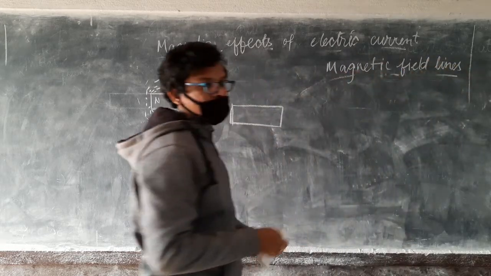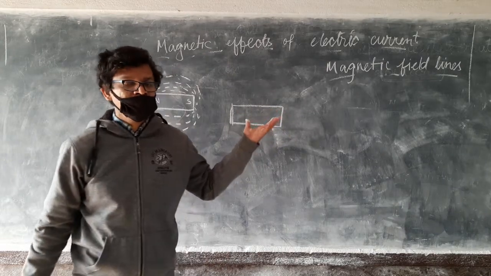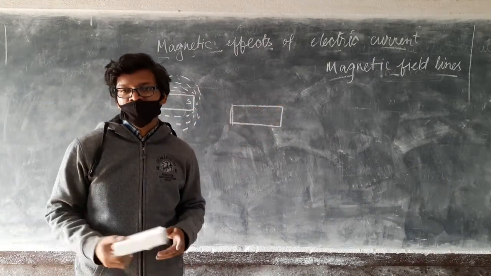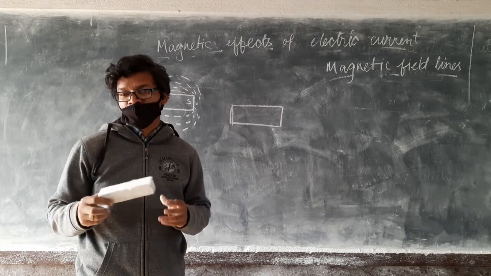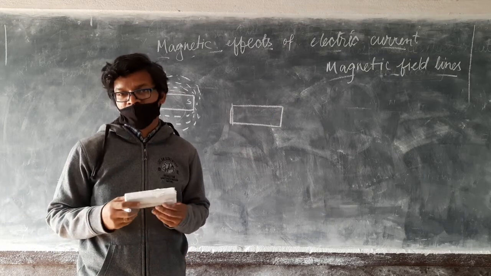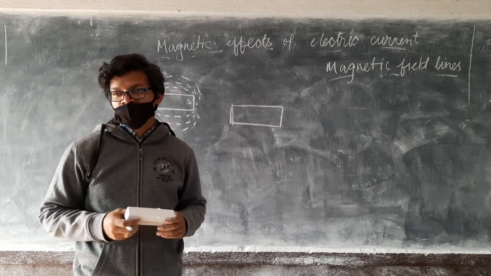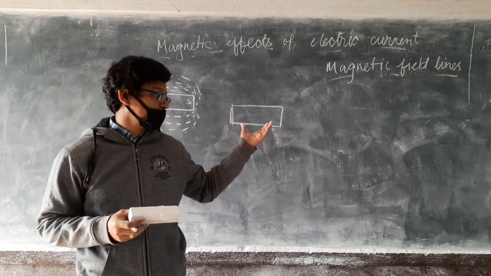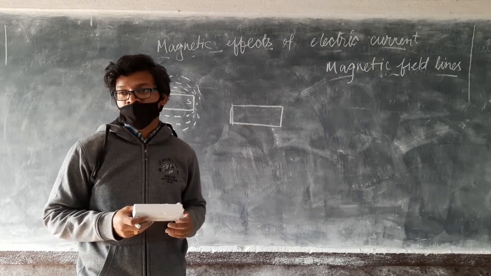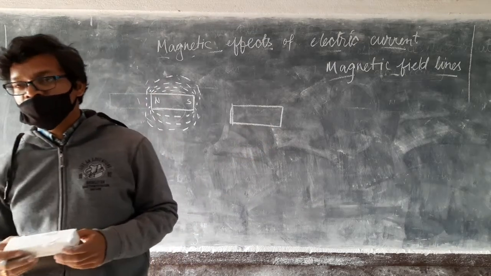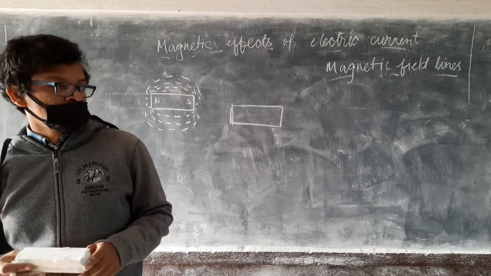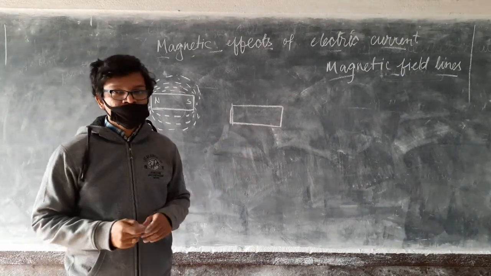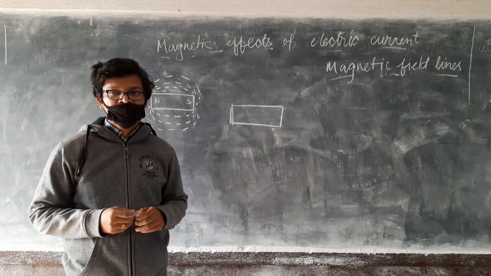First of all, magnetic field lines are not really there, they are imaginary lines. If this is a magnetic bar, you will not see any line around it. This is the conceptualized form of the magnetic field, to show the magnetic field in the region around the magnetic bar. So we come up with certain rules to show the magnetic field lines.